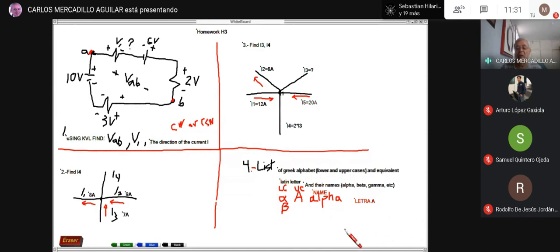For example, here is a column, there's another column, Greek, Latin. We have a Latin alphabet. And then you make this.